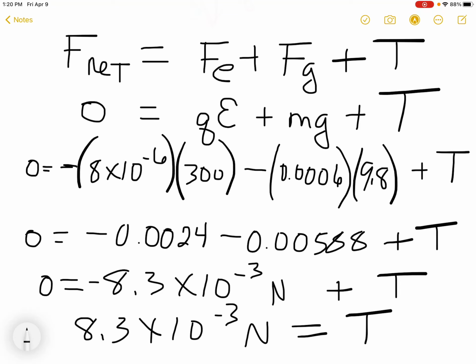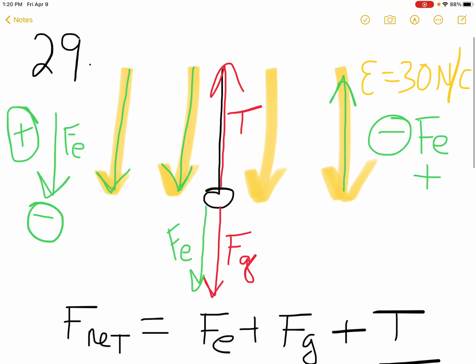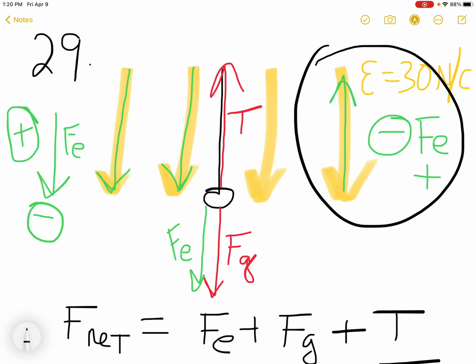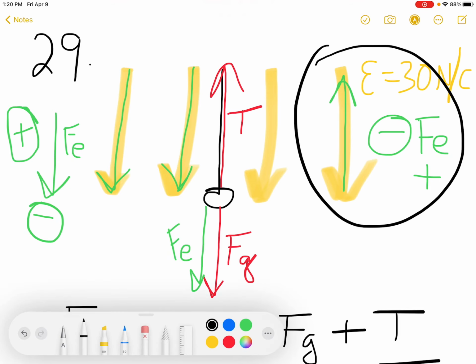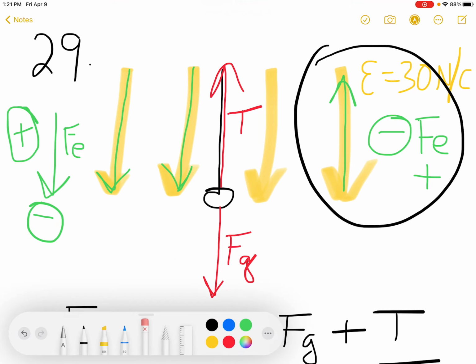Now, if we change the charge on the ball to a negative charge, it only changes one thing. We said that if the charge is negative, then this is what the field does. It pushes up. So for a negative charge, this Fe that's green here will no longer be down. It will actually be up.